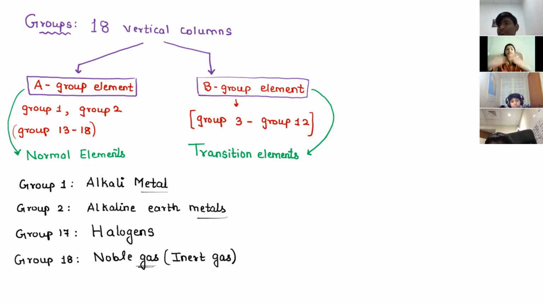Then, so this was about the groups, the vertical column. Now let us go for the periods. How many periods are there? 7 horizontal rows.